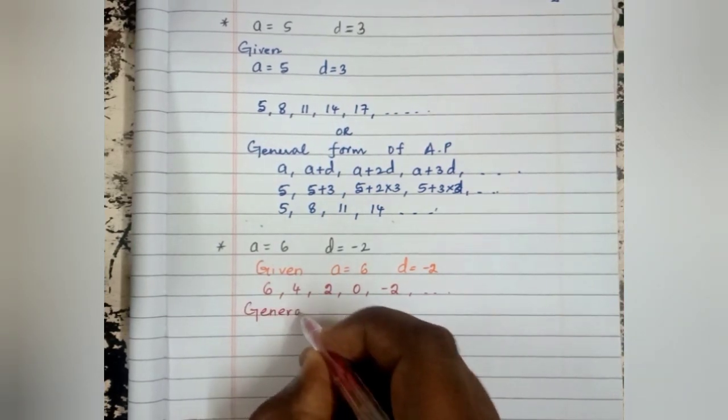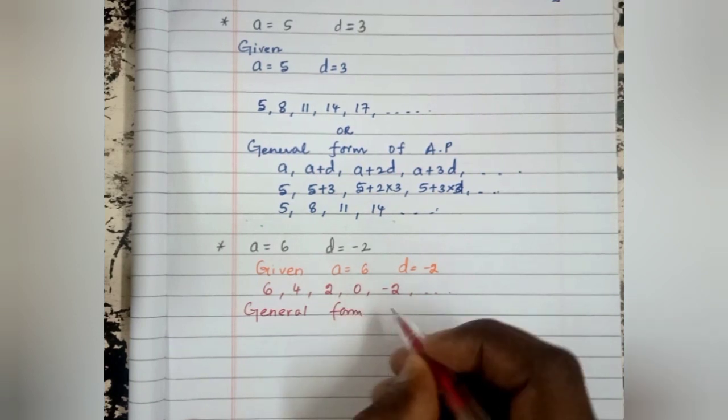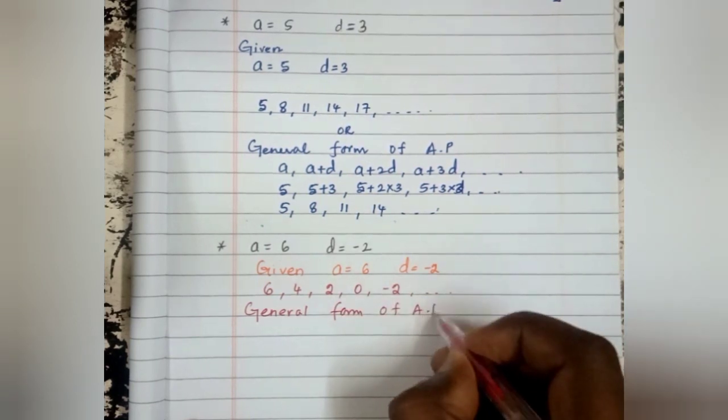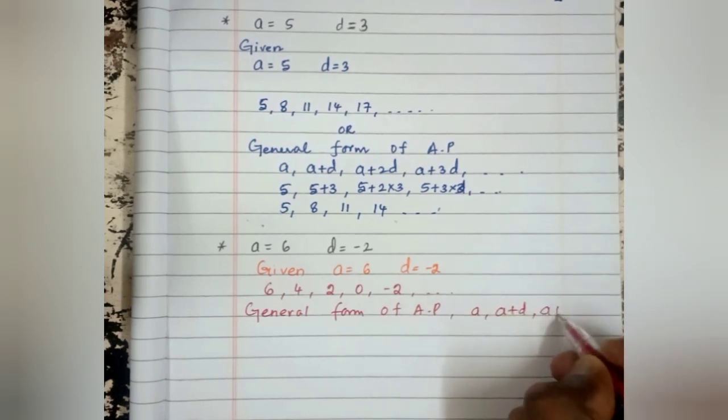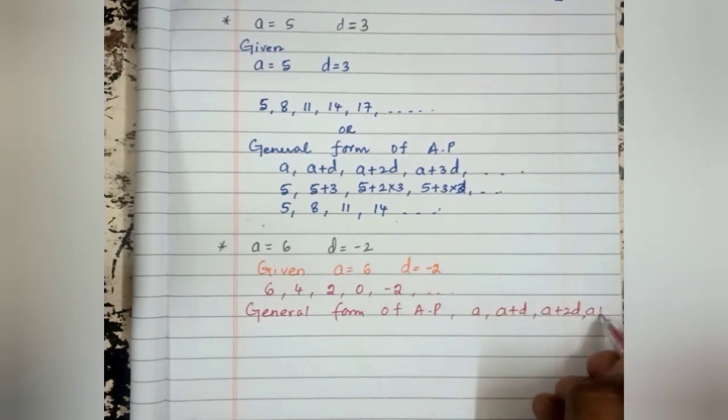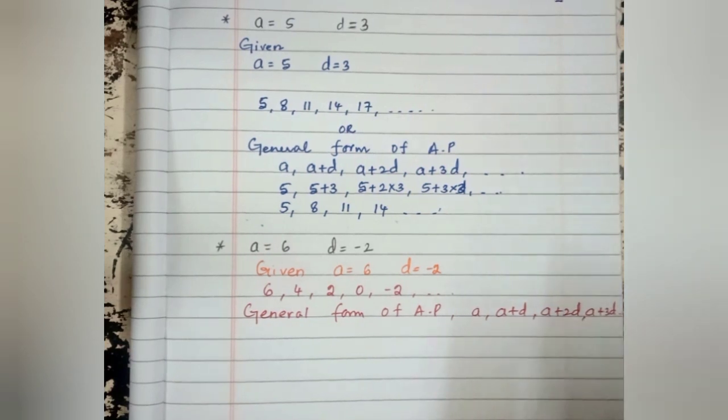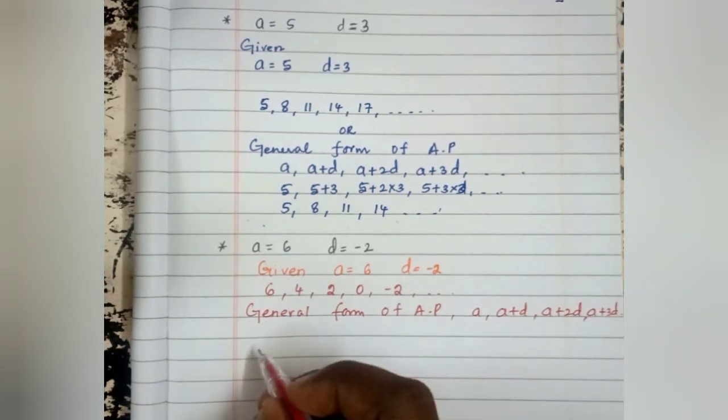Or by using the general form of AP, that is A, A plus D, A plus 2D, then A plus 3D. Now the value of A is 6, D is minus 2.